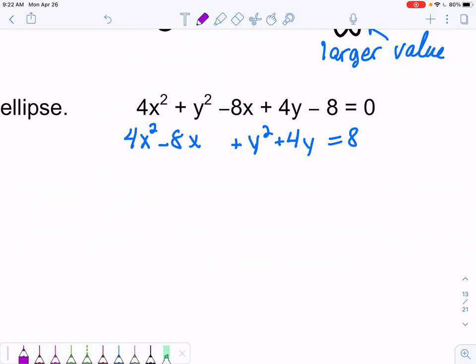Notice the x has a 4 with it, so we're going to pull out that 4, trying to complete the square. The y does not have anything with it, so it's just going to stay as a y squared.